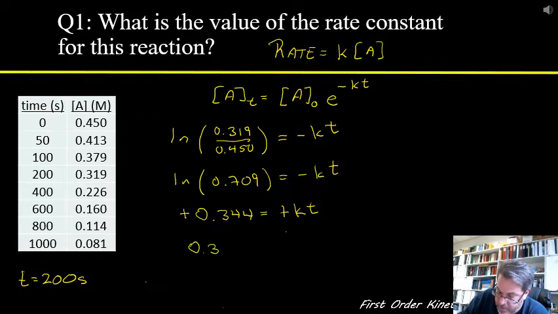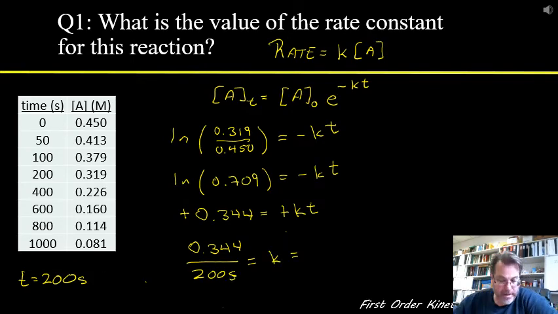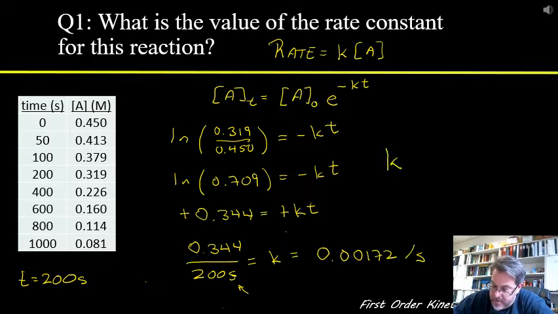So we get 0.344 over 200 seconds equals k. Put that in your calculator, and you get 0.00172. For the units, note that we've got seconds in the denominator, so the units on this are reciprocal seconds. We can rewrite that with scientific notation.